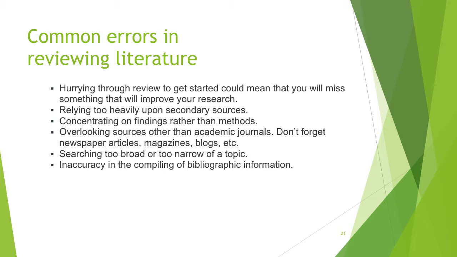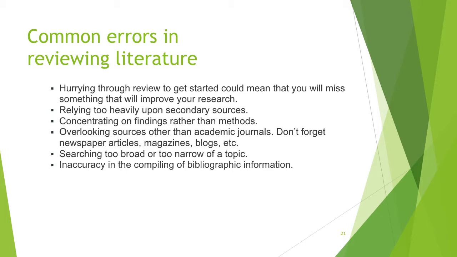Newspaper articles should typically not be used unless they're bringing in information about a current event or something that applies to your research. And in that case, you need to use well-known newspapers, not like the National Enquirer.